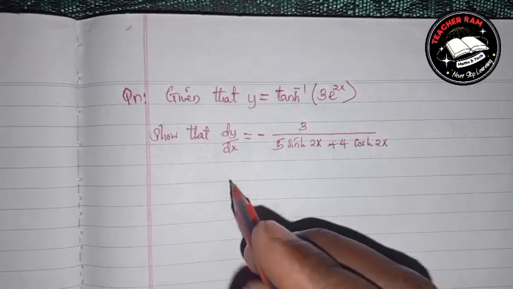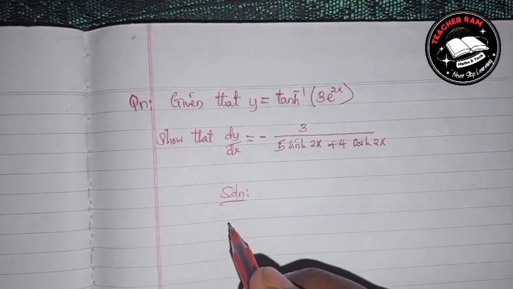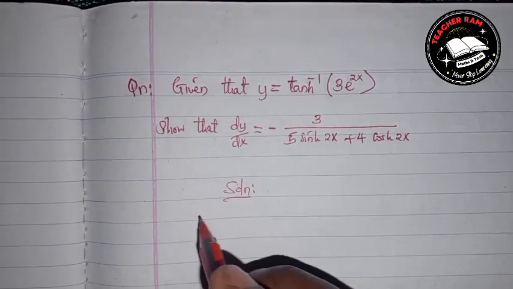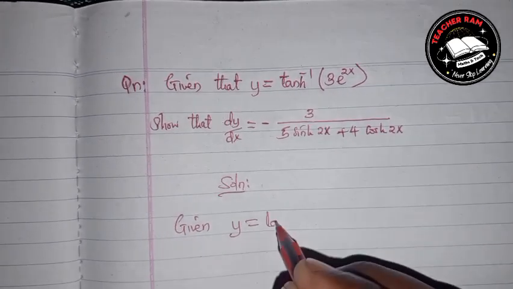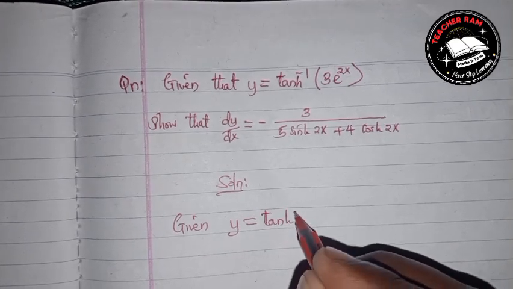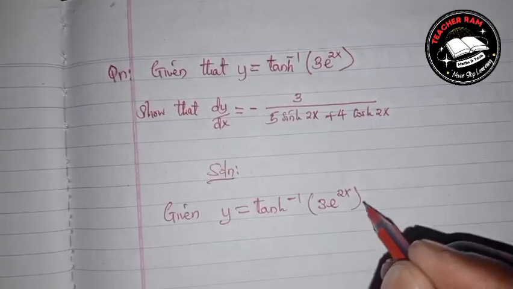So, solution. In order to solve a question like this, first of all, given that y is equal to tanh inverse of 3e power 2x.